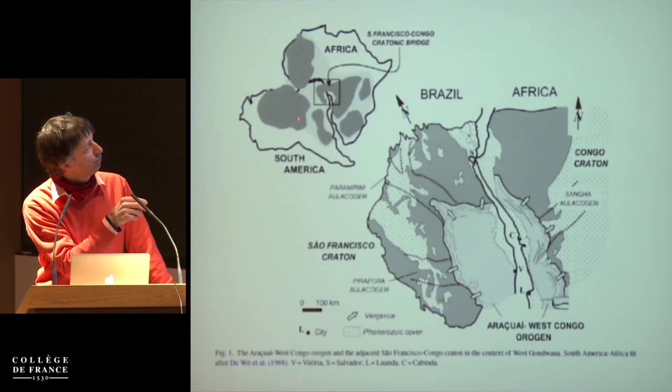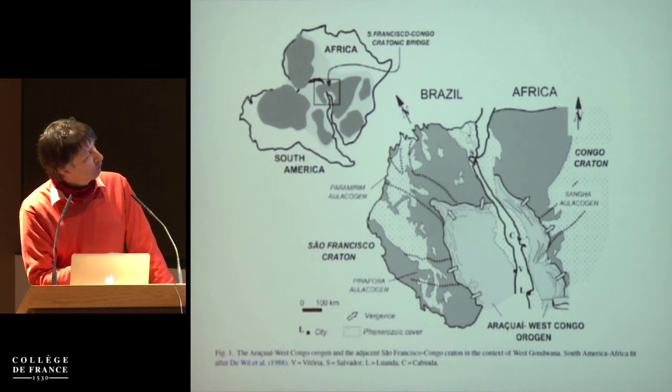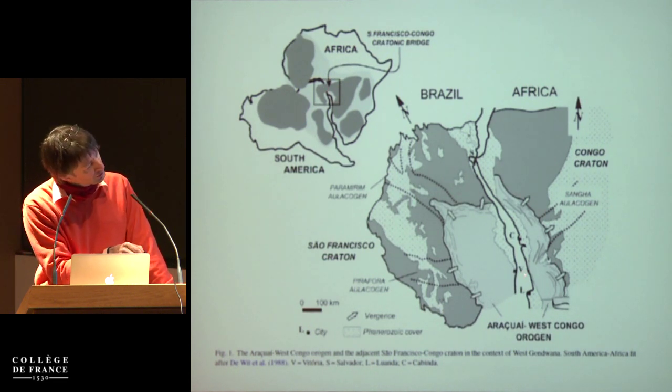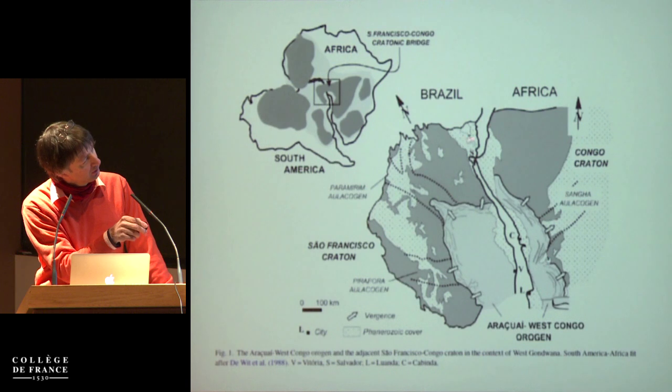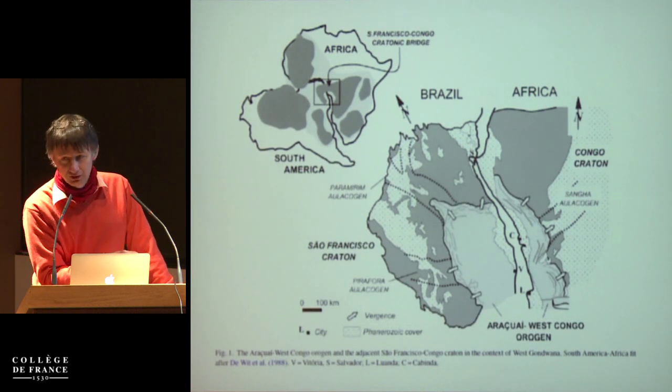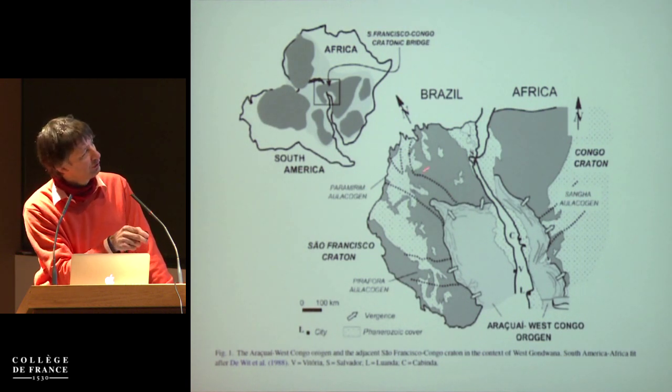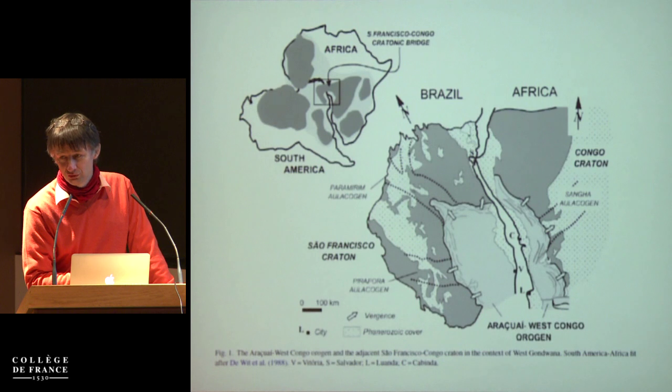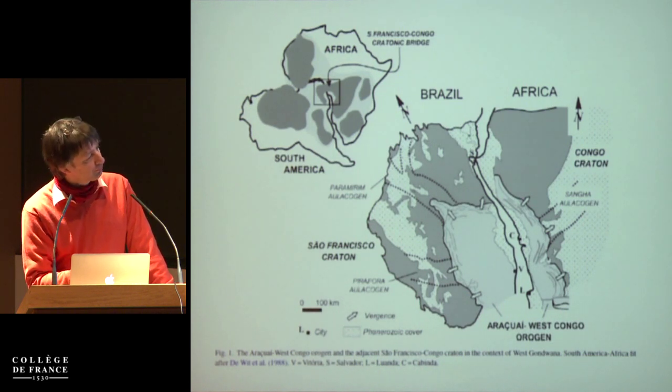I'll mostly focus on this part over here, although the other parts are also very interesting. What is maybe useful to point out is that this is rifting partially a cratonic piece that extends from Africa to Brazil, Congo to San Francisco, and here it's rifting Pan-African orogenic crust, so presumably weaker crust.